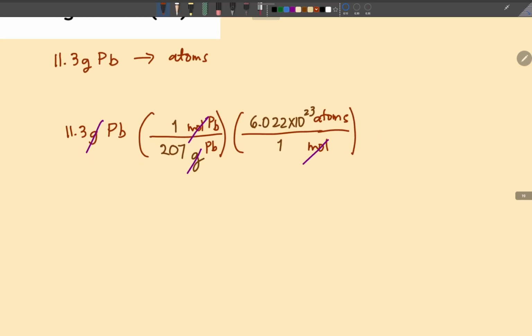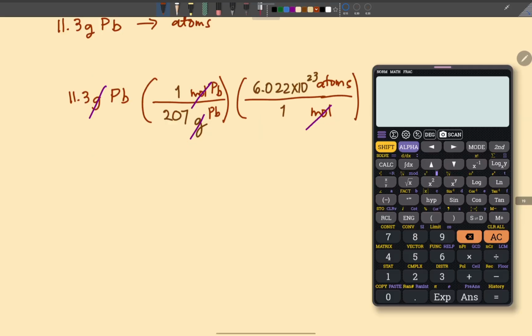Okay, so to input that in your calculator, let's input 11.3 times 6.022 times 10 to the 23 divided by 207. I'm not including the 1 anymore.